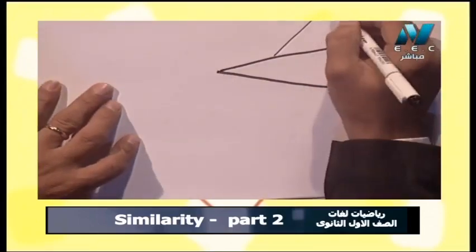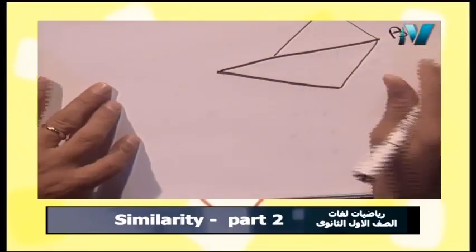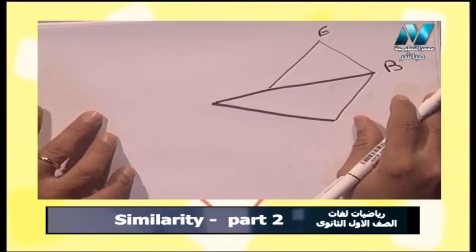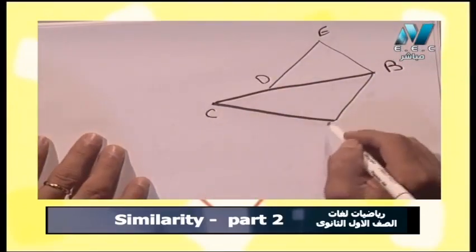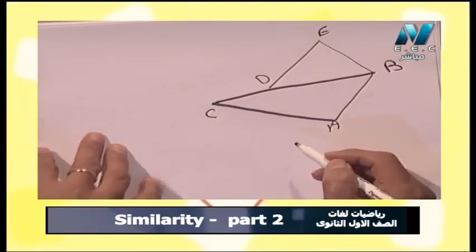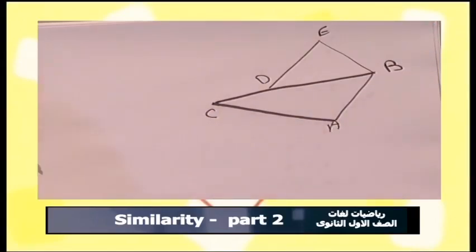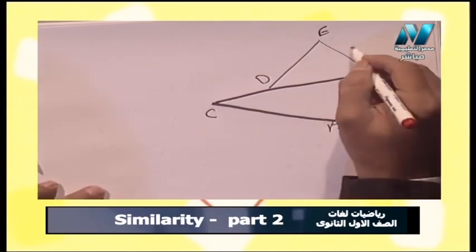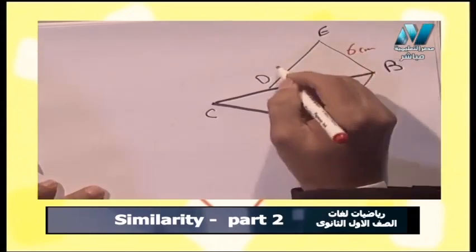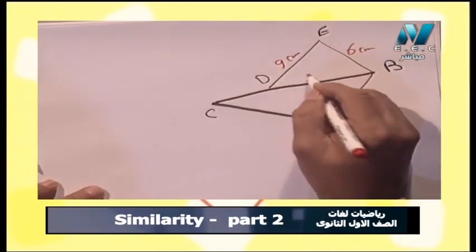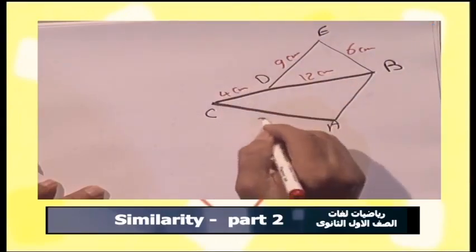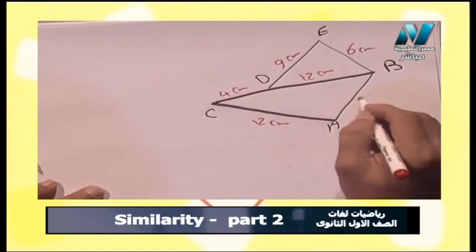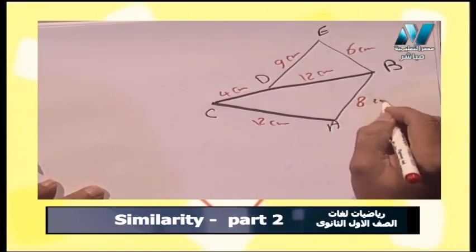This triangle is called EBD, and we have CA, and we have the length of EB equals 6 centimeters here, and this is 9, this is 12 centimeters, and this is 4 centimeters, 12 centimeters here, and we have this one equal 8.